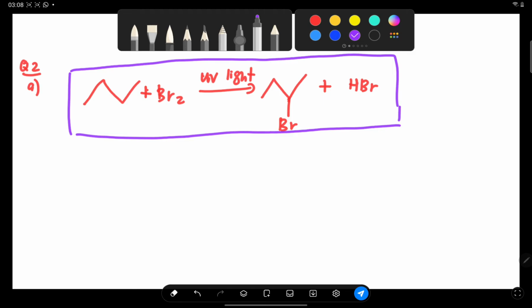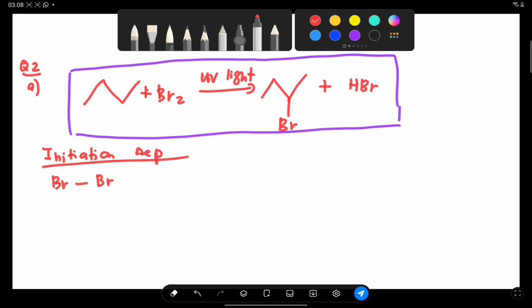However, the question asks you to give the initiation step, so you can proceed first with the initiation step. Always remember, the initiation step involves bromine radical, because it is a very crucial step where you create a radical by using UV light.